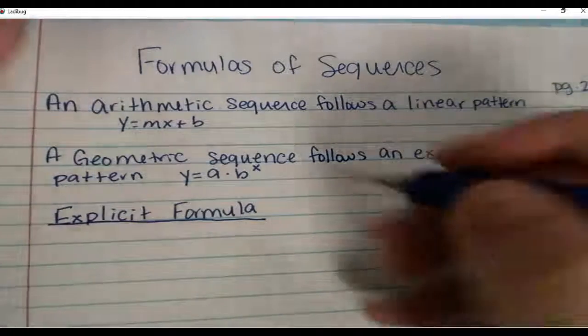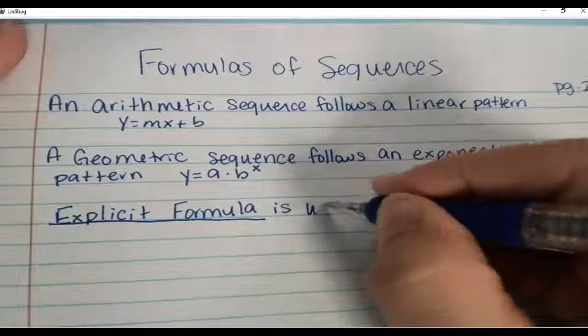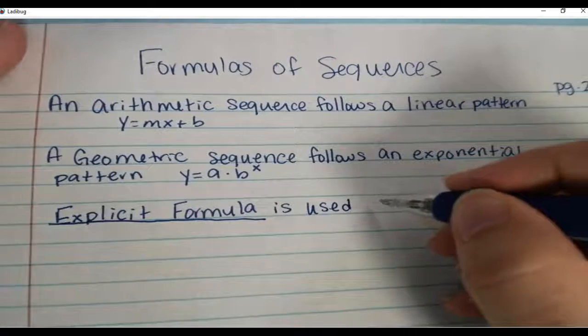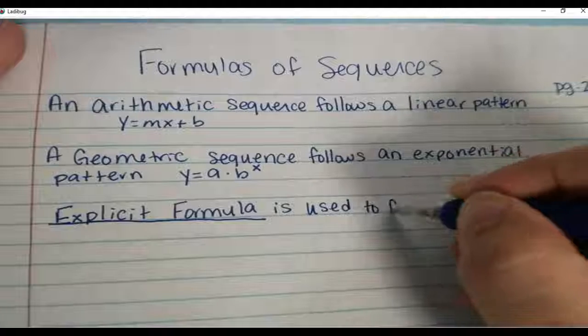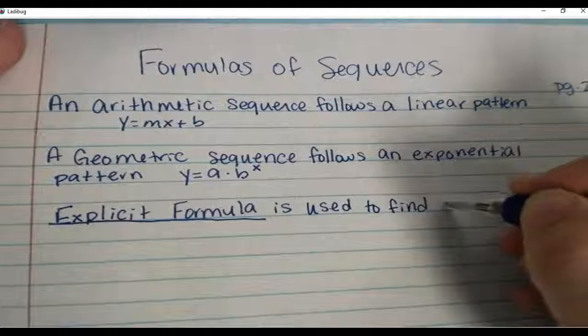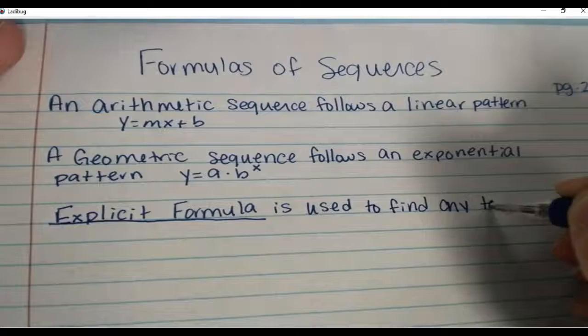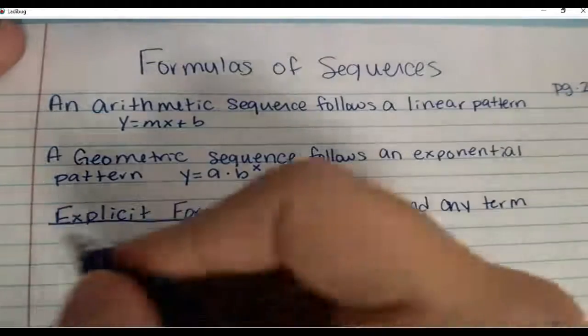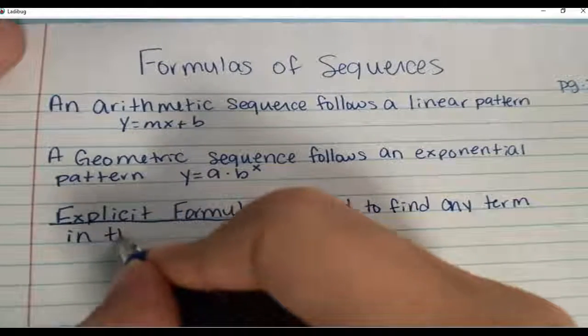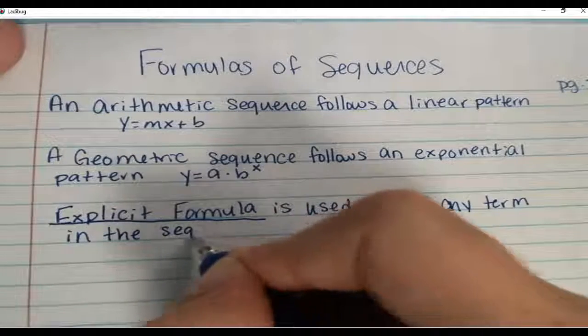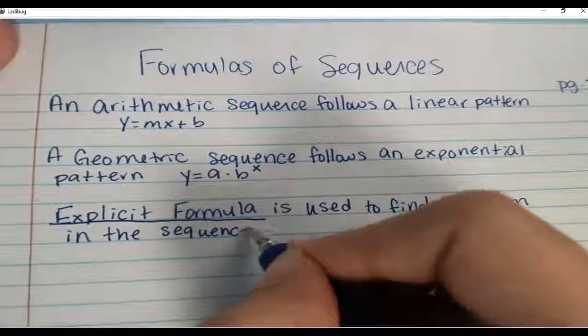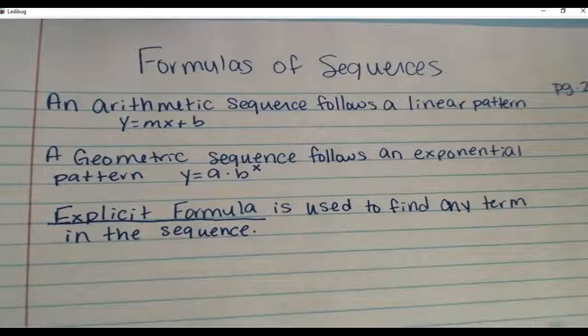So it is used to find any term in the sequence. Okay. So if you want to find the first term, you plug in 1. If you want to find the 100th term, you plug in 100. So you can find any term in the sequence if you know the explicit formula.